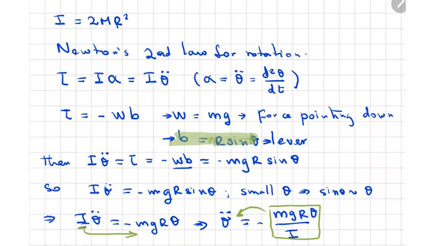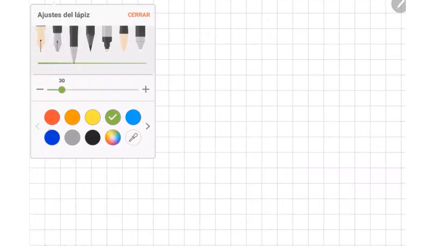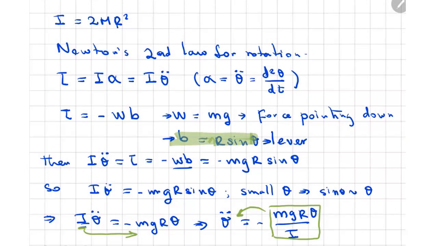It's going to be positive. So we have theta double dot plus mgr theta dividing I is equal to 0. What I did is I sent this term to the other side of the equation, and I changed the sign of it.